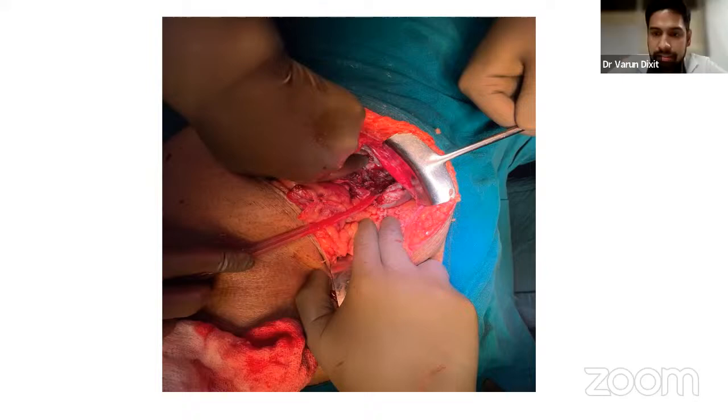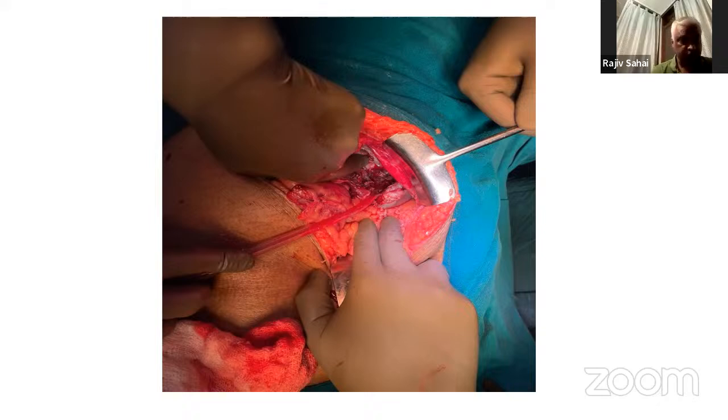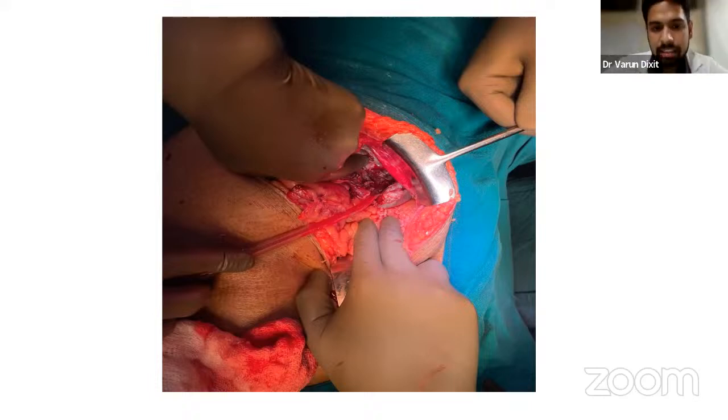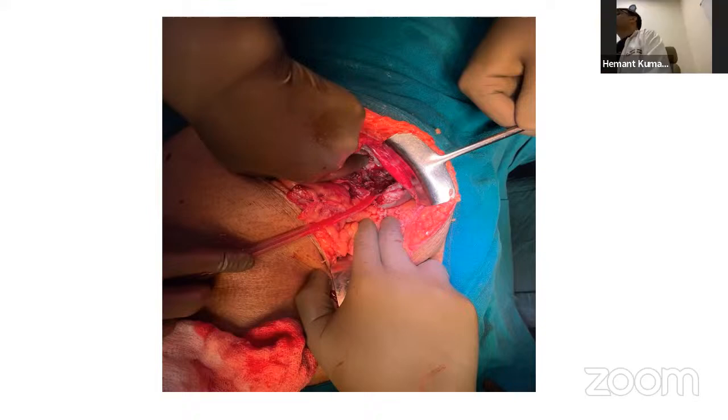So why did you go for aspiration? Okay, we'll aspirate then. Why did you have to say, okay, I'll take a high risk consent and operate? The high risk consent was from the anesthesia side. Whoever it was, that was an alternative for you instead of letting it rupture. Look, mortality increases many folds after rupture, isn't it?